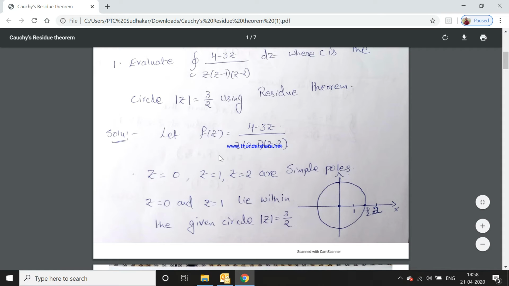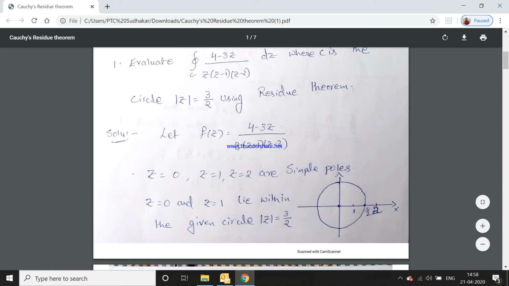After that we write f(z) equal to (4 minus 3z) by z(z minus 1)(z minus 2). We find the poles by equating the denominator to 0, so z equal to 0, z equal to 1, and z equal to 2 are simple poles.